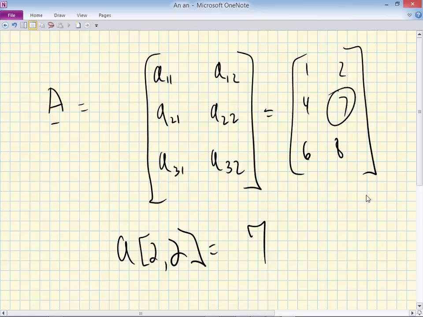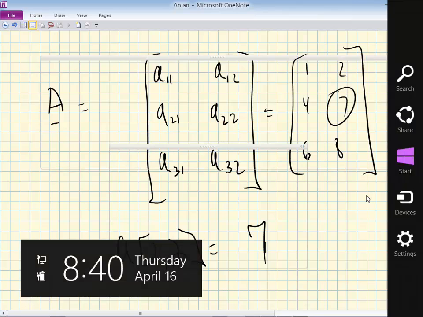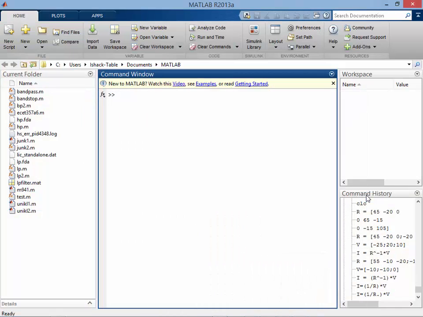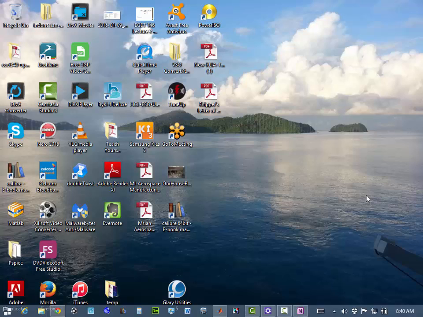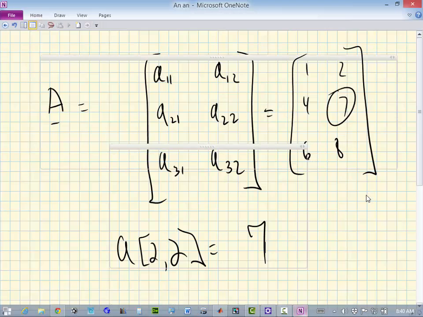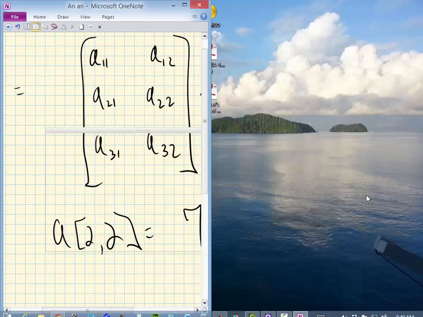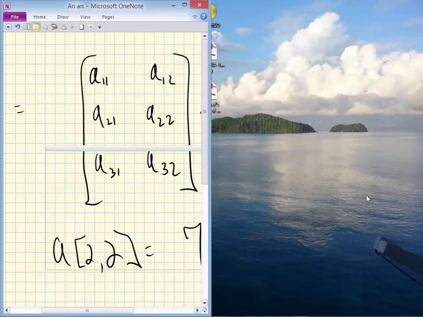Now, matrices have lots of things we can look at, but we can declare matrices very easily in MATLAB. Let me bring MATLAB back up here.